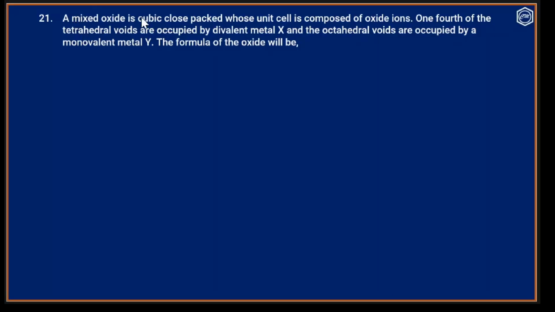Question 21. A mixed oxide is cubic close packed whose unit cell is composed of oxide ions. 1/4 of the tetrahedral voids are occupied by divalent metal X and the octahedral voids are occupied by a monovalent metal Y. The formula of the oxide will be: 1 XYO2, 2 X2YO2, 3 X2Y3O4, and 4 XY2O4.